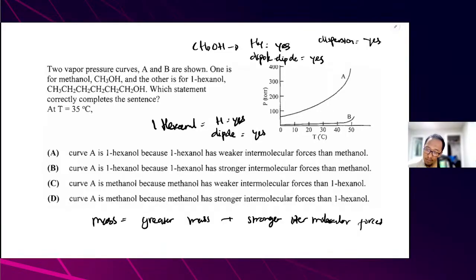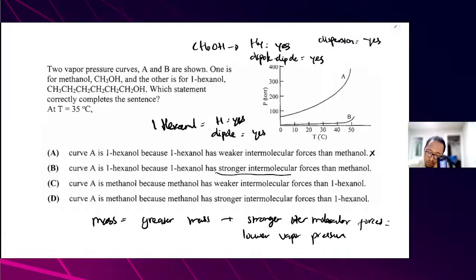As you can see, curve A should be hexanol, lower vapor pressure. So curve A is hexanol because hexanol has weaker intermolecular forces. No, curve A is hexanol because hexanol has stronger.